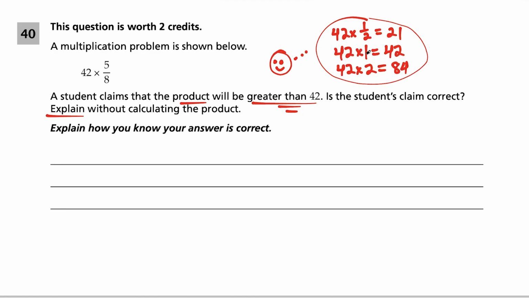When we multiply by a number less than 1, that's going to make the number smaller, or less than. So that's how we could say here that the student is incorrect. The student is incorrect because if we look at 5/8, 5/8 is a number that is less than 1. So if we take 5/8 of 42, that's going to result in a smaller number, a number less than 42.